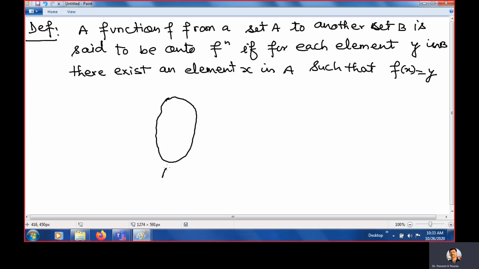We will try to understand it with the diagram. This is the set A, this is the set B. Clear? So in case of onto, we are moving backward. We are not moving forward. We are moving from set B to set A. What we are going to do? We will put an element y here and search, is there any element x such that the image of x is y? Listen again.